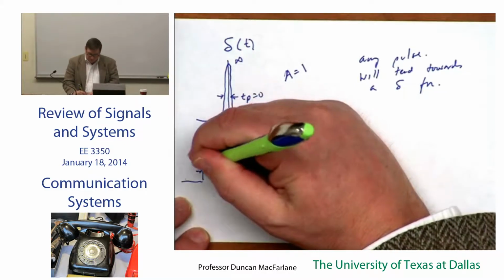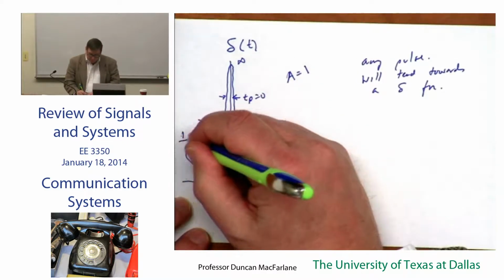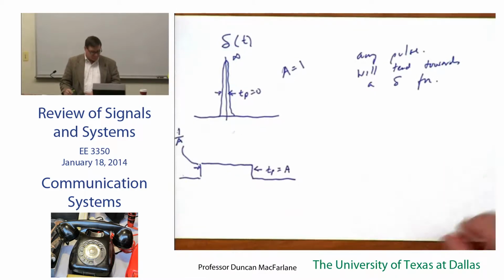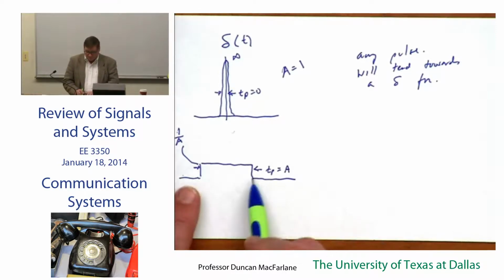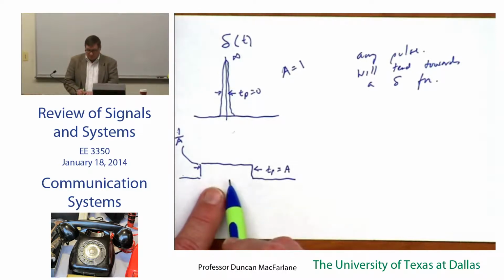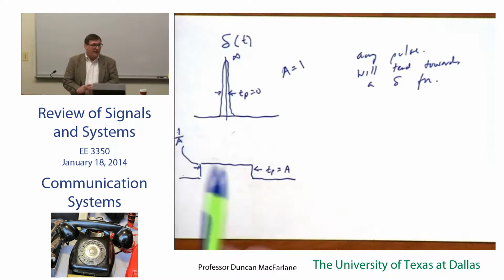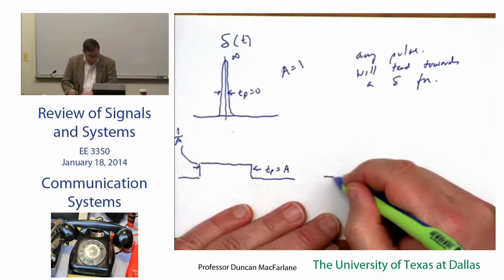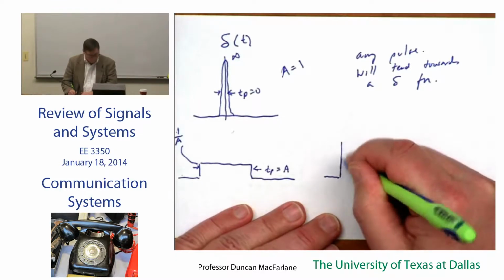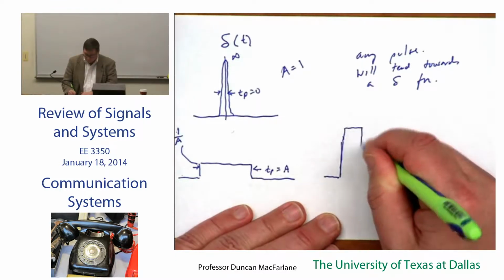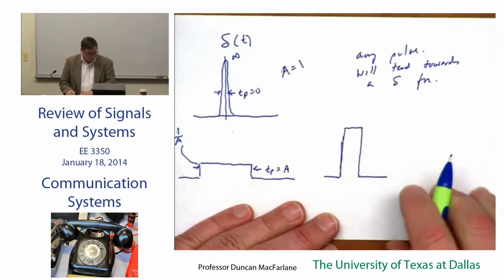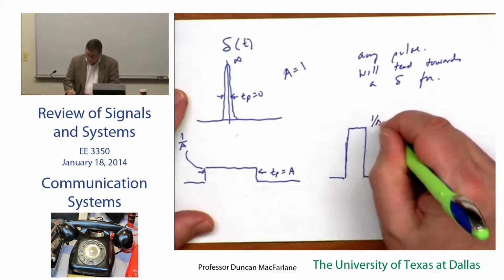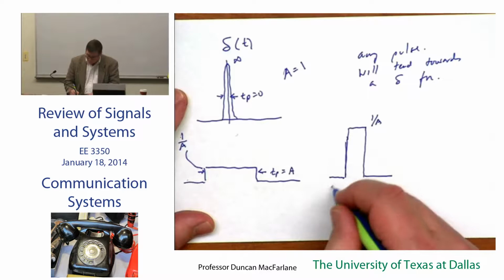And I'm going to let the height of this equal 1 over A. Okay? And now if A gets small, the pulse width gets smaller. But 1 over A, if A gets small, that goes higher. So what I'll do is draw that a little bit more.